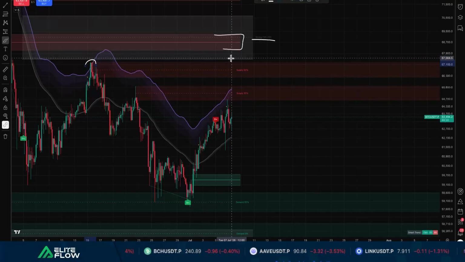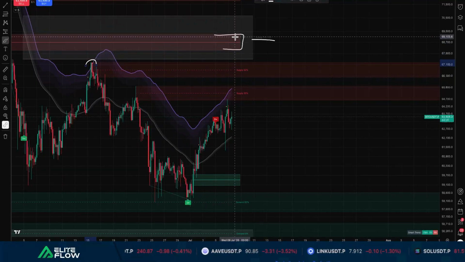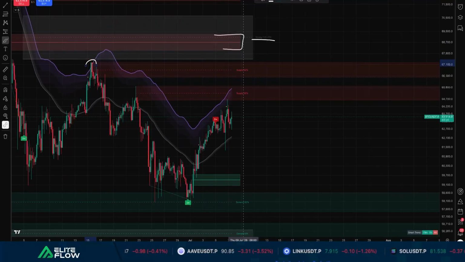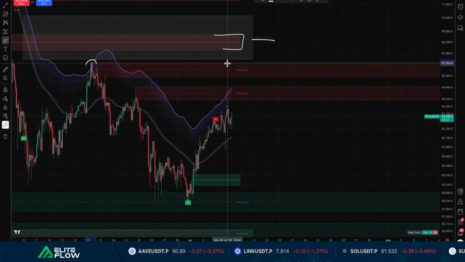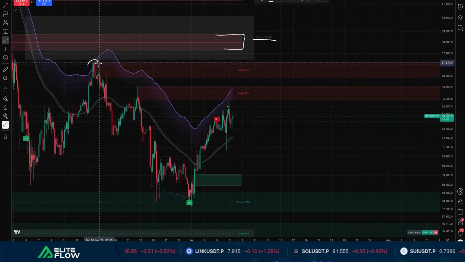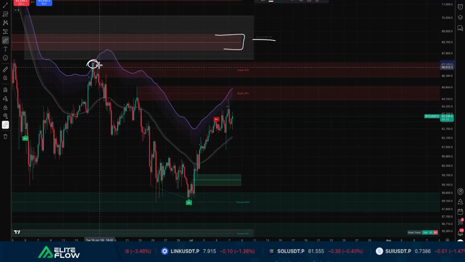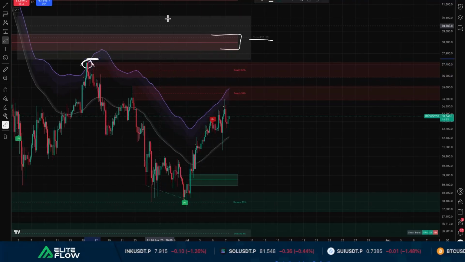Basically $69,000, that's where I want to see the price of Bitcoin for me to go short. Okay, again, very similar thing. I am probably going to be averaging out my trade, because there I personally made the mistake of trying to wait for the price to hit my fair value gap for me to go short.